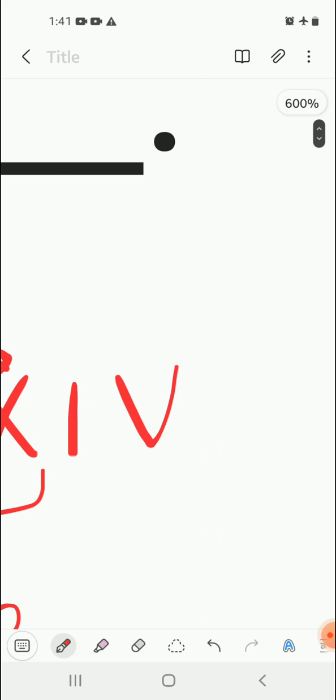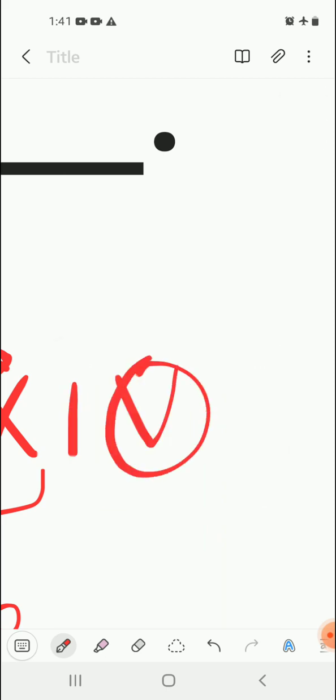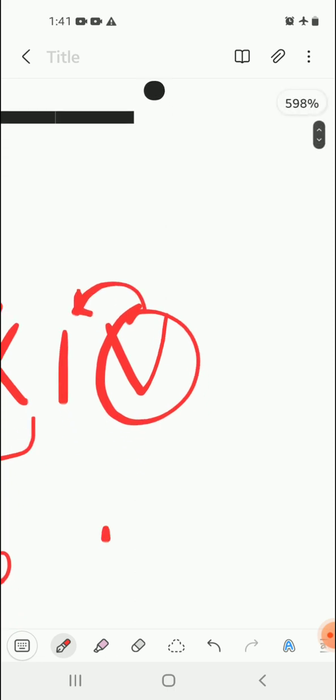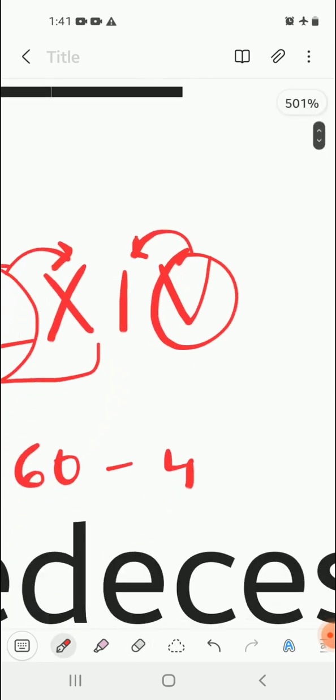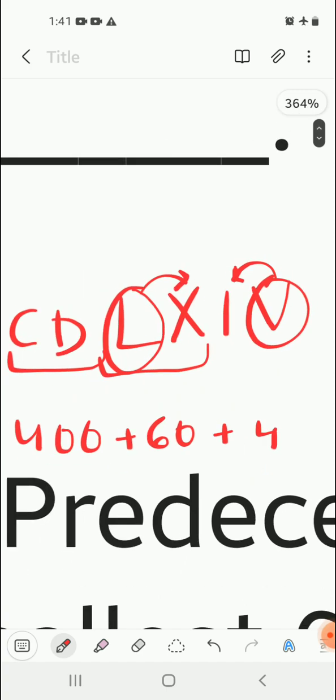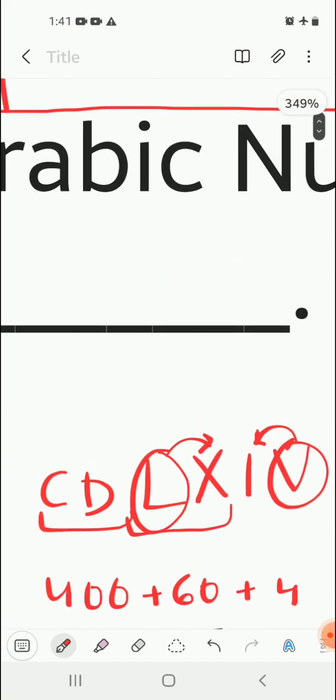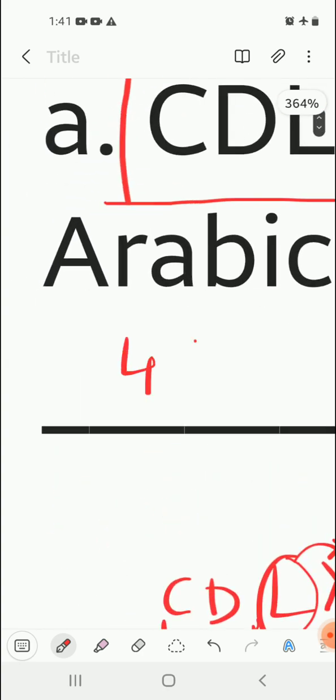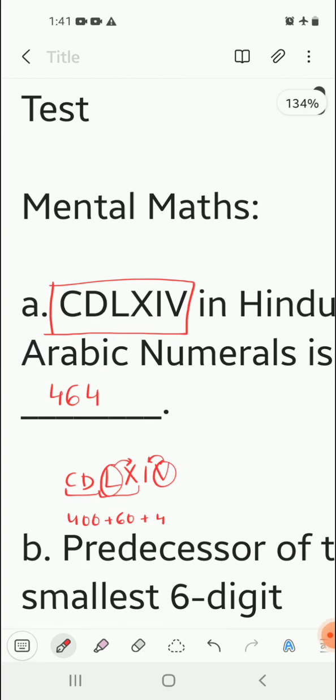Now over here we have IV, where V is 5, and to the left of it we have I, which means 1. So 5 minus 1, it will be 4. So this number would become 464. So we're going to write it over here, that it is 464.